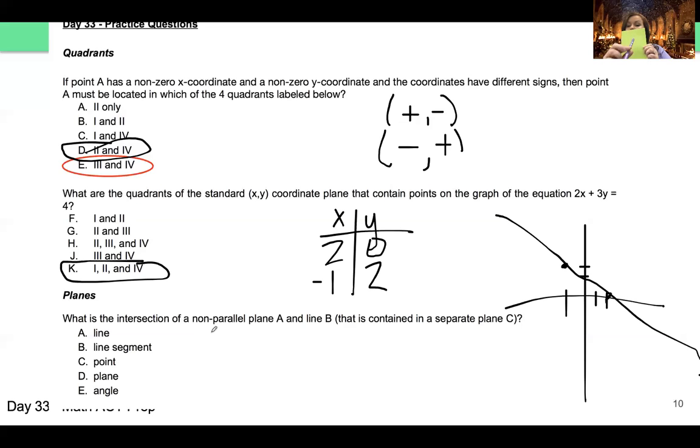They're talking about a non-parallel line, so it's going to intersect like this. And what is it going to intersect in? A point. Yes, a plane and a line are going to intersect at a point. 2 lines intersect at a point. 2 planes will intersect at a line. But a plane and a line are going to intersect at a point.